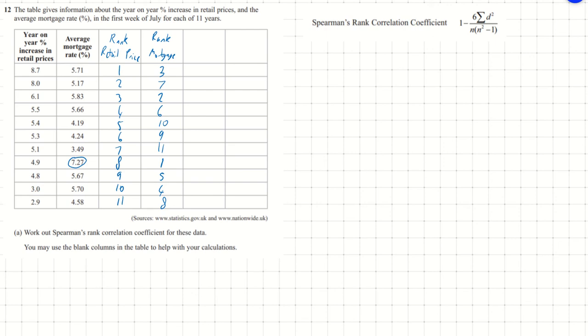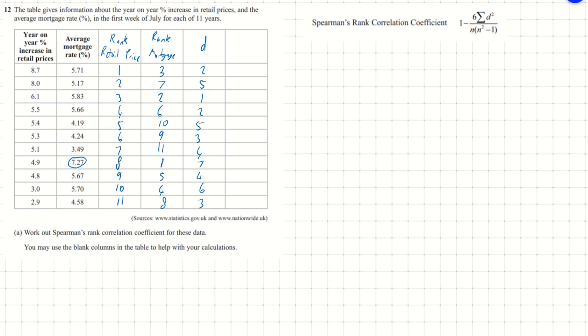And now I'm going to create a column which we'll just label D, the difference between the ranks. It doesn't matter actually, you just need the positive value of the difference between the ranks. The difference between 1 and 3 is 2. The difference between 2 and 7 is 5. The difference between 3 and 2 is 1. And so on. We just need the positive value of the difference.